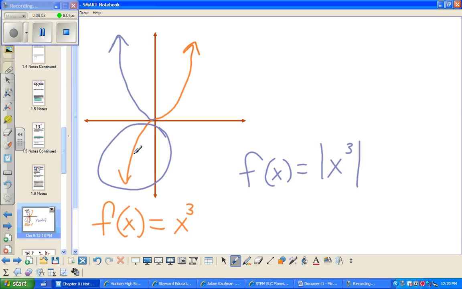So the only part of the graph that you would have for the absolute value of x cubed would be this top portion.